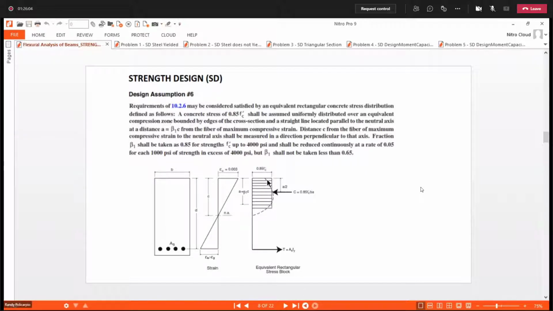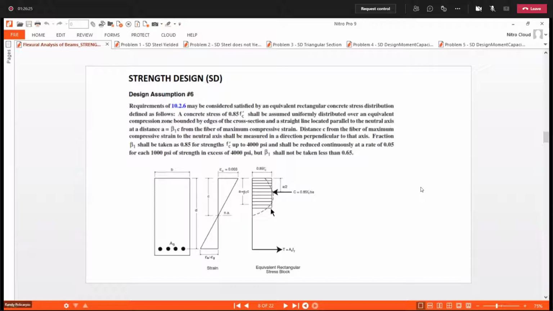It is actually parabolic. Okay? And then, para ma-satisfy ni Whitney, no? Yung test, no? Kasi kinumpare niya to sa test, no? Nang sinuggest niya yung rectangular.